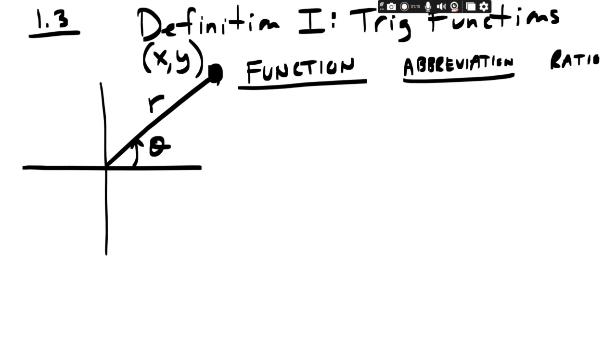So, who invented trigonometry again? What's the guy's name? Hipparchus. Hipparchus invented trigonometry. What he did is he named it. It's not named sine, he named it something else.